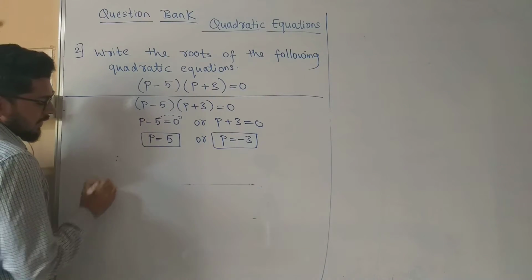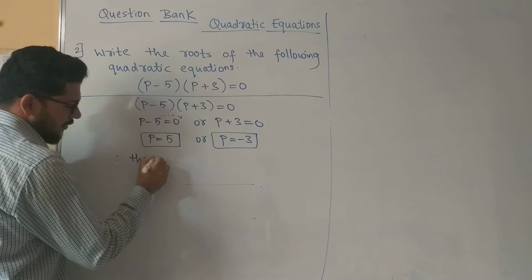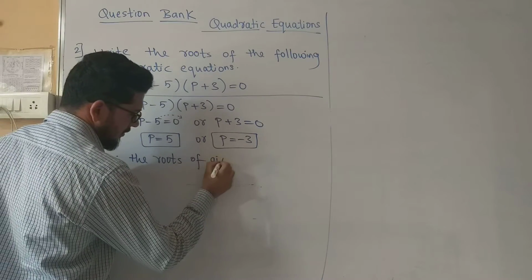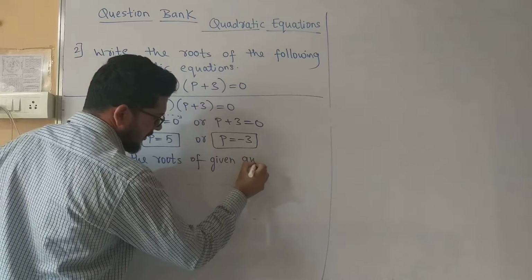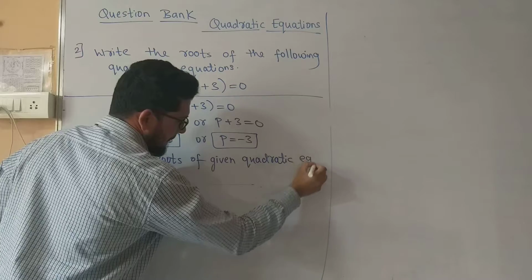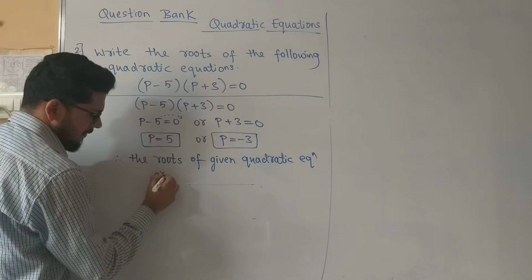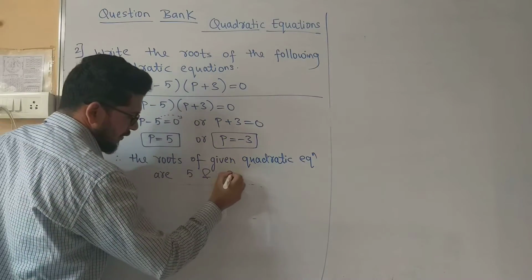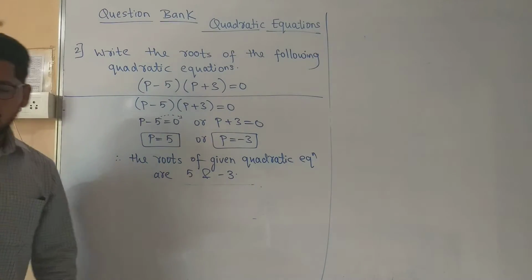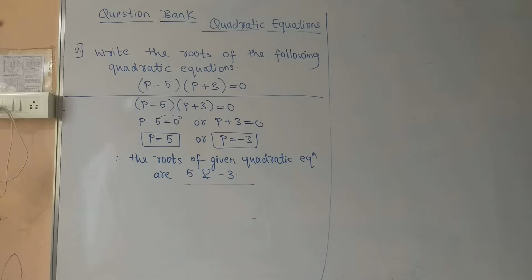Therefore the roots of the given quadratic equation are 5 and minus 3. This is the answer. I hope you understood this example. Write it down fast. Now we'll come to the next question.